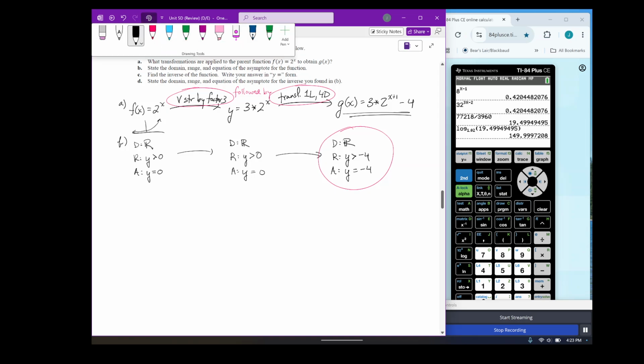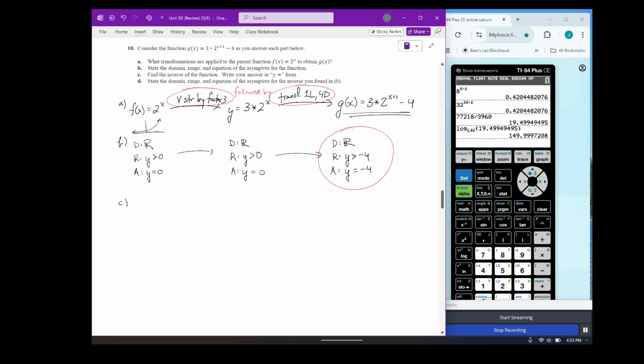For C, we need to find the inverse of the function. So let me write out the function this way. This is still the original, but I'm going to change that g of x to just y. So y equals 3 times 2 to the x plus 1 minus 4. And so now the inverse is going to be x equals 3 times 2 to the y plus 1 minus 4. And then the goal is to get y by itself.